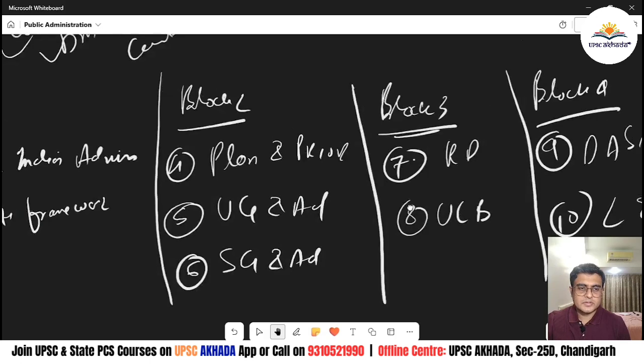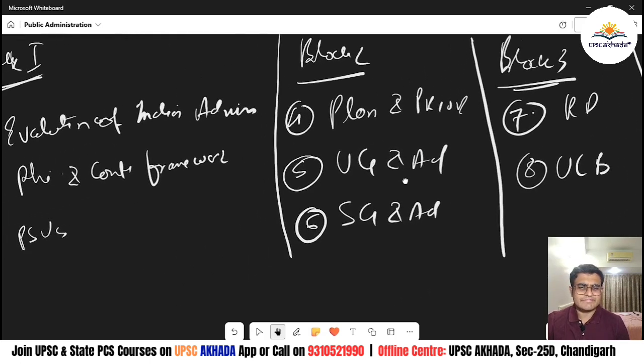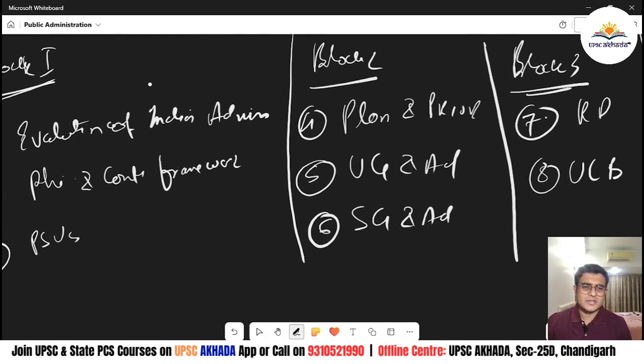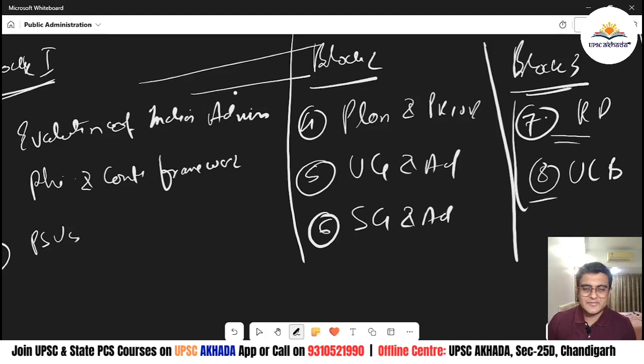Most likely these 2 blocks take a bit of time. The rest of the blocks are also lengthy, but they won't take as much time as paper 1 will take of your preparation. So this is the syllabus of public administration. Study this in a continuous manner, as we divided the entire syllabus of paper 1 and paper 2 into blocks.